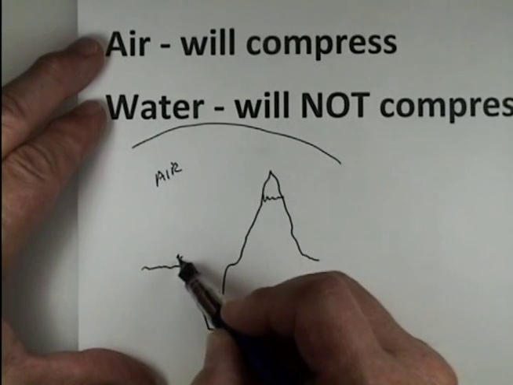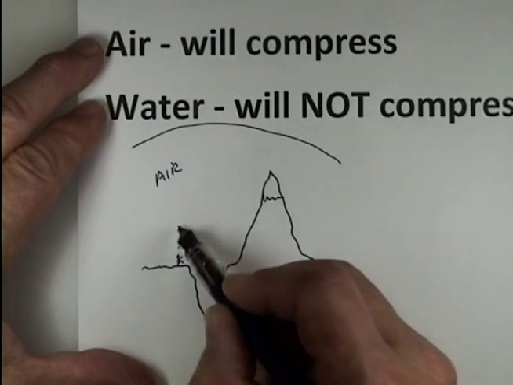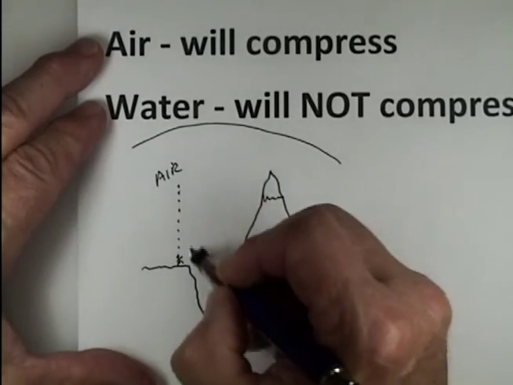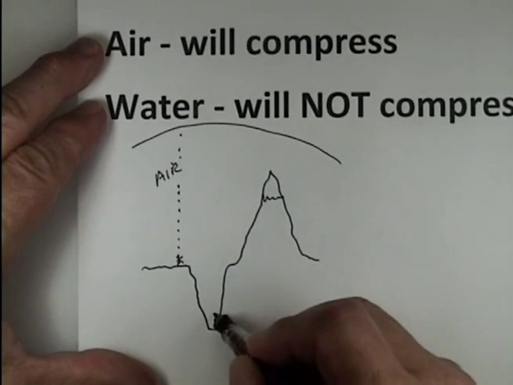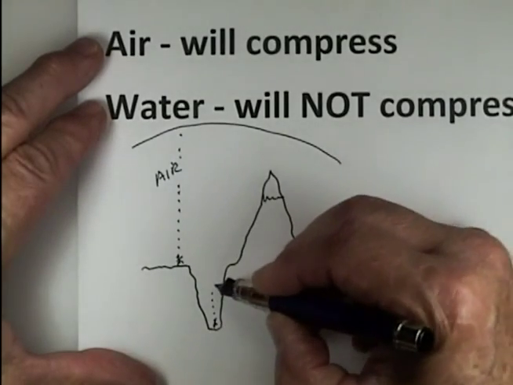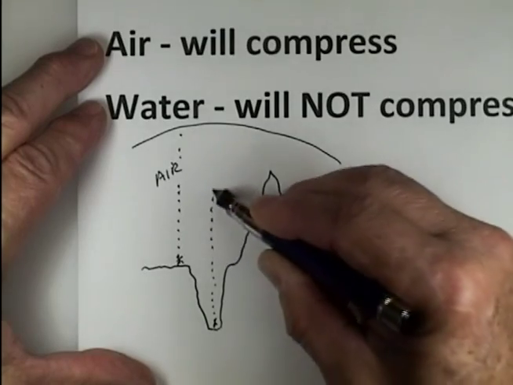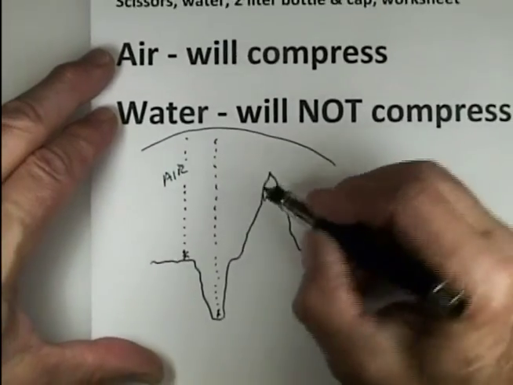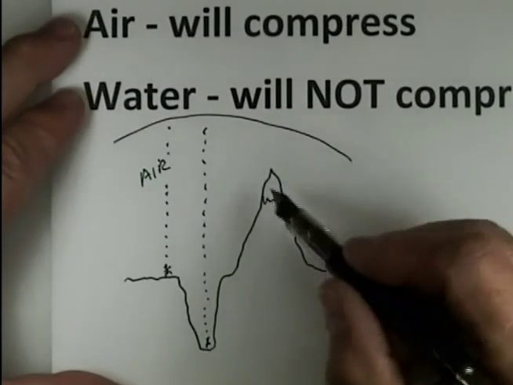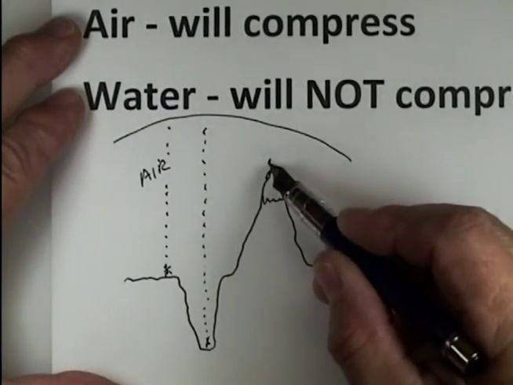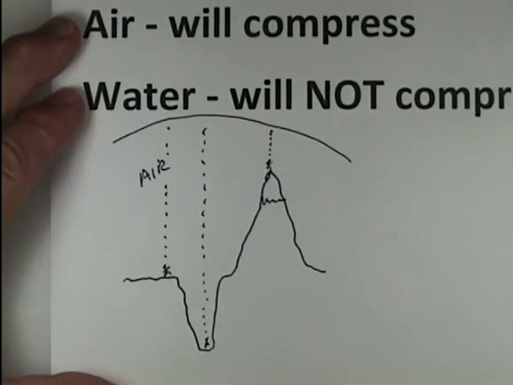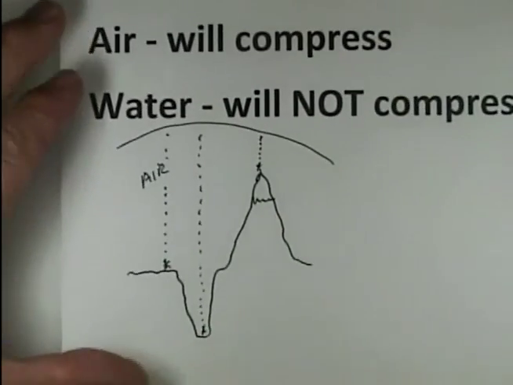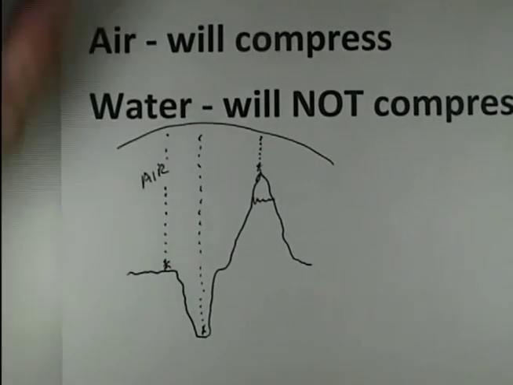If you're standing here, you have a certain amount of air pressure above you. And if you're way down here, you might have more air. You can see how you have more air above you, a different pressure. And if you are at the top of a mountain, climbing a mountain, you have even less air. So the press of air, or air pressure, changes on how much air is being exerted on you.